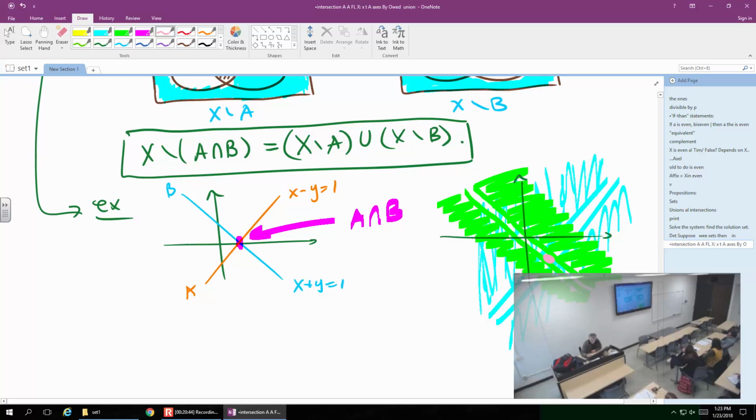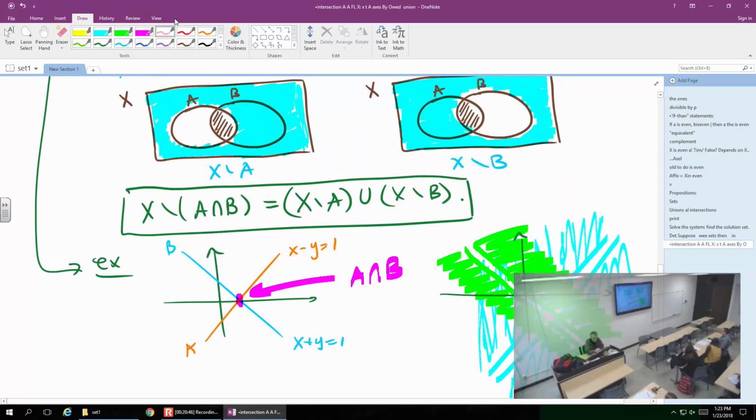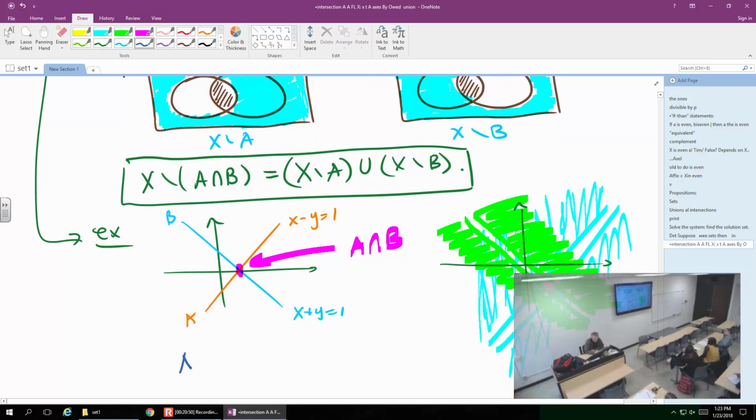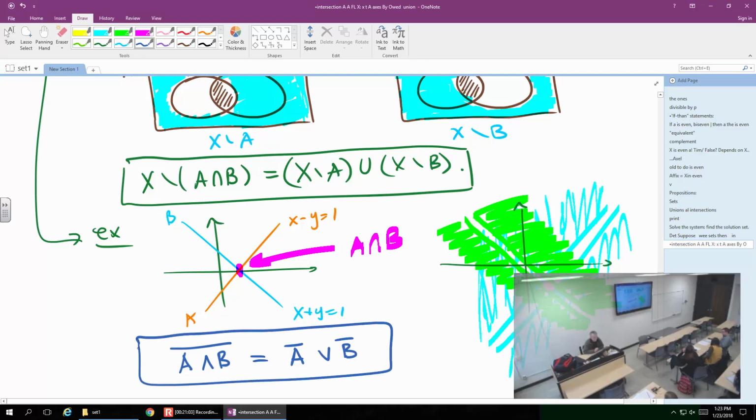Well, let me write it out as a logical statement. It will be, what is it? The negation of A and B is A negation or B negation, right? So the lesson that we saw: when you negate, you kind of tend to flip things.